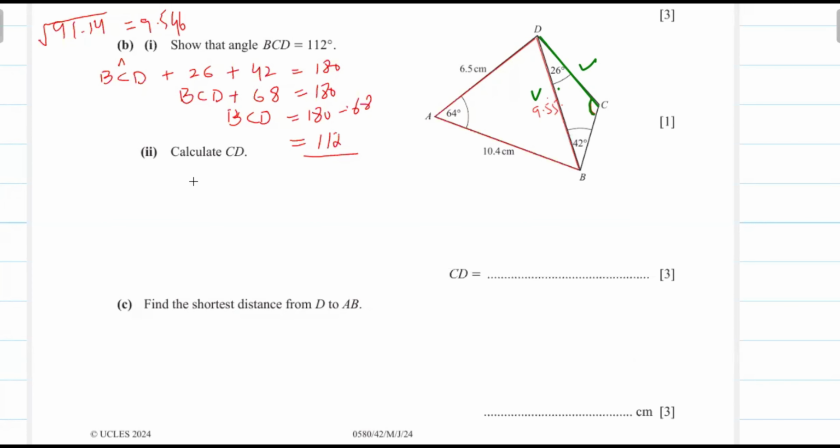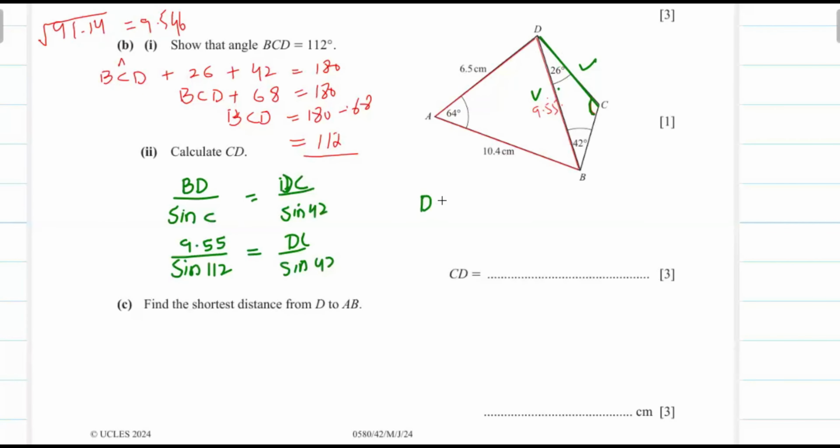According to the sine rule, the length BD, the given length, over the sine of the angle opposite to it, this is angle C, and the length we have to calculate is DC, over the sine of the angle opposite to it, which is sine 42. Now we can write BD length is 9.55 over sine angle C, 112, equal to DC over sine 42.